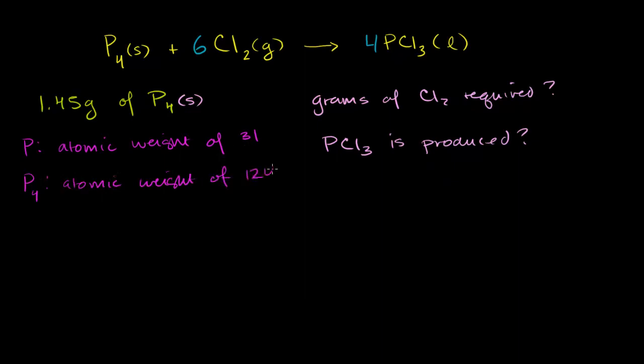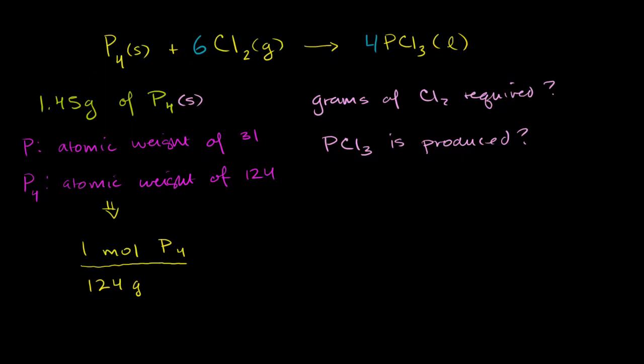Which means that 1 mole of solid molecular phosphorus, since we're doing grams, I should say, will have a mass of 124 grams. Now, given that, we can use that with this information to figure out how many moles of molecular phosphorus we have, solid molecular phosphorus.